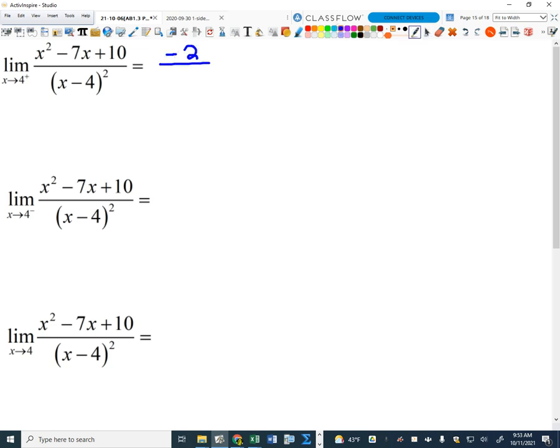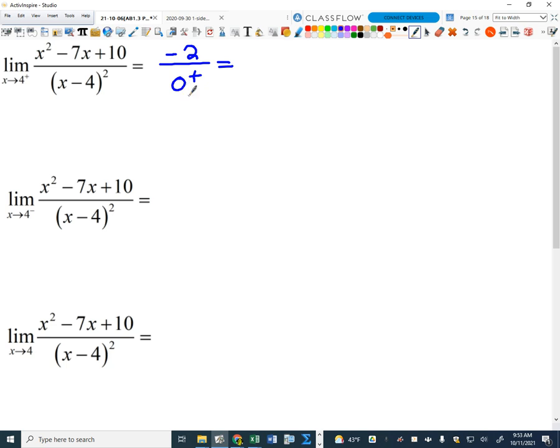On the bottom, what do we get? 4 plus minus 4 is what? 0 plus, right? Small positive number squared. 0 plus squared is what? 0 plus, agreed? A small positive number squared is a small positive number.